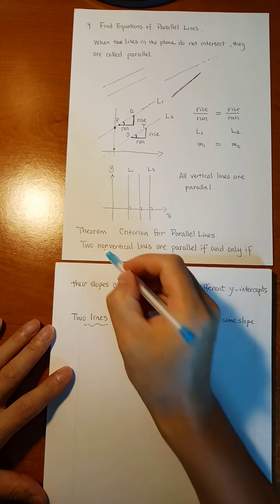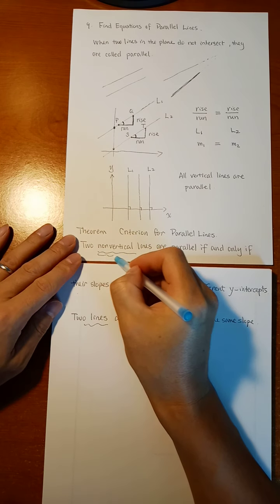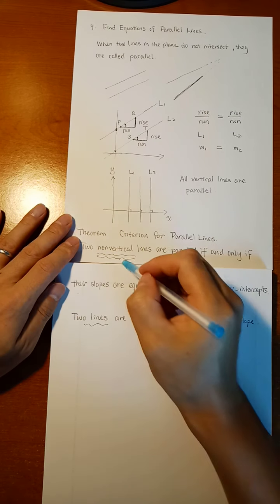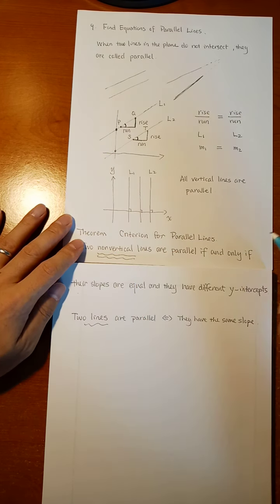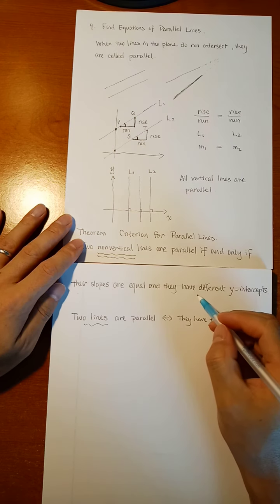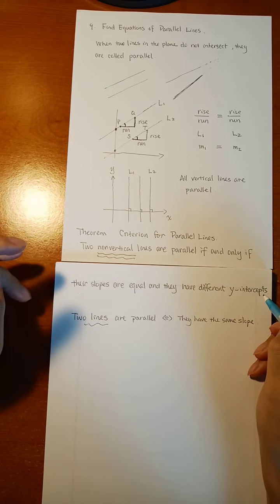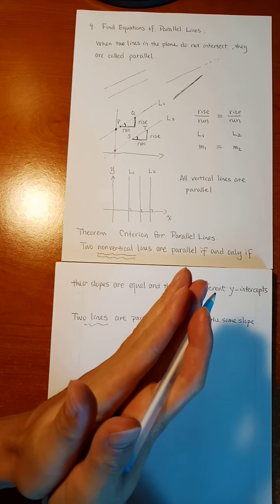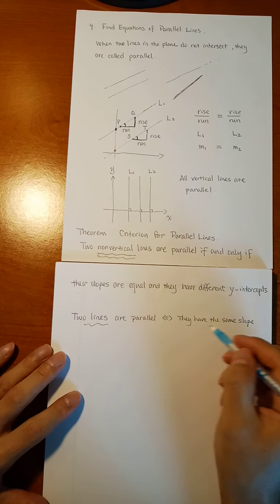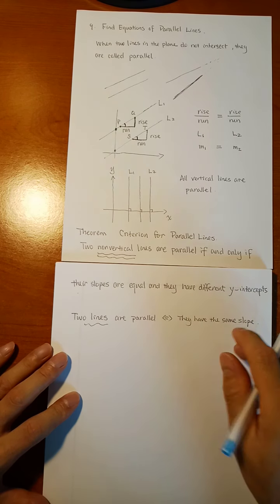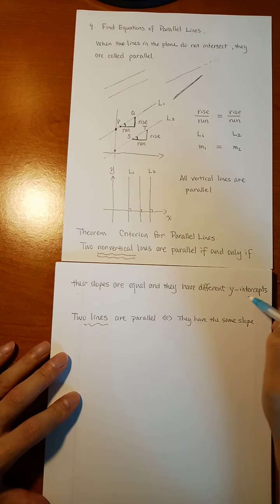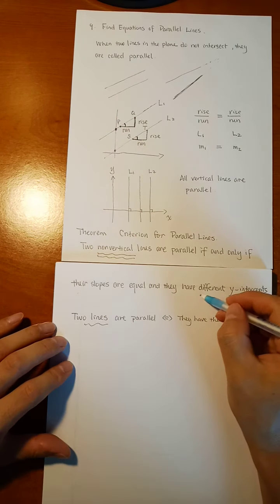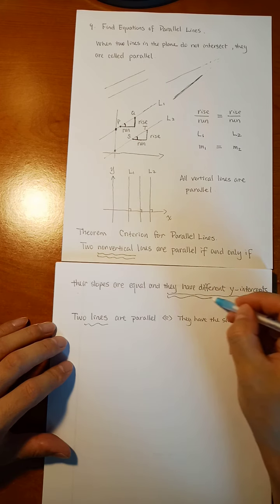First, two non-vertical lines. We skip this word, though we still need it because we're talking about slope. So two lines means two non-vertical lines. Same slope, here we skip that they have different y-intercepts. Basically, they have to be two lines, not one coinciding line. So that's the short description, but it should also contain some common sense. Non-vertical and different y-intercept are the common sense.